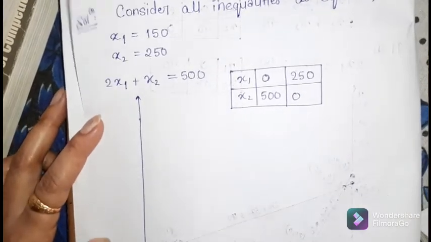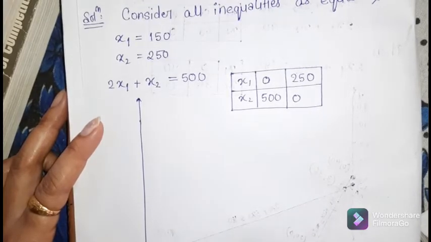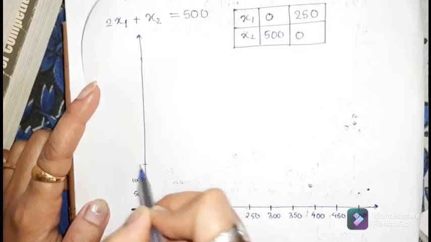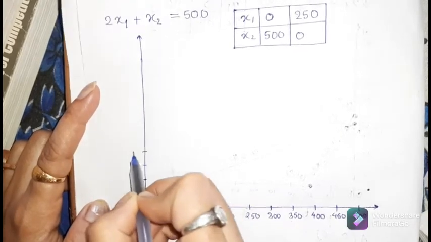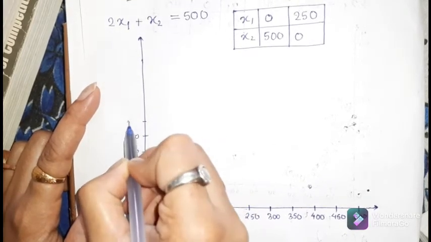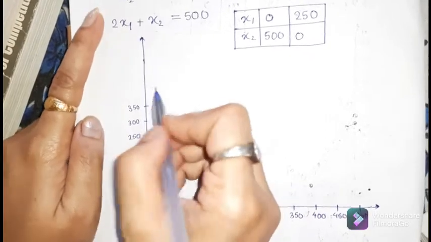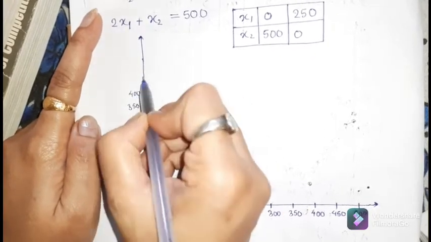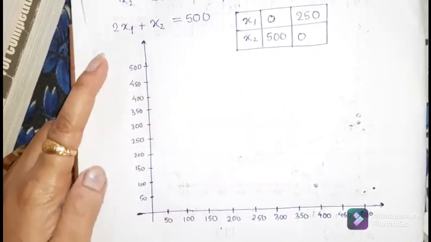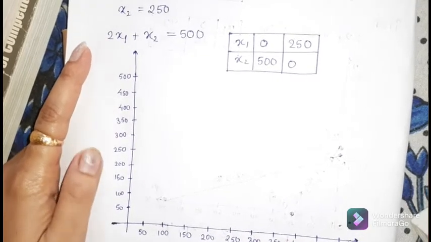This is x1. For x2 again we take 50, 100, 150, 200, 250, 300, 350, 400, 450, 500.